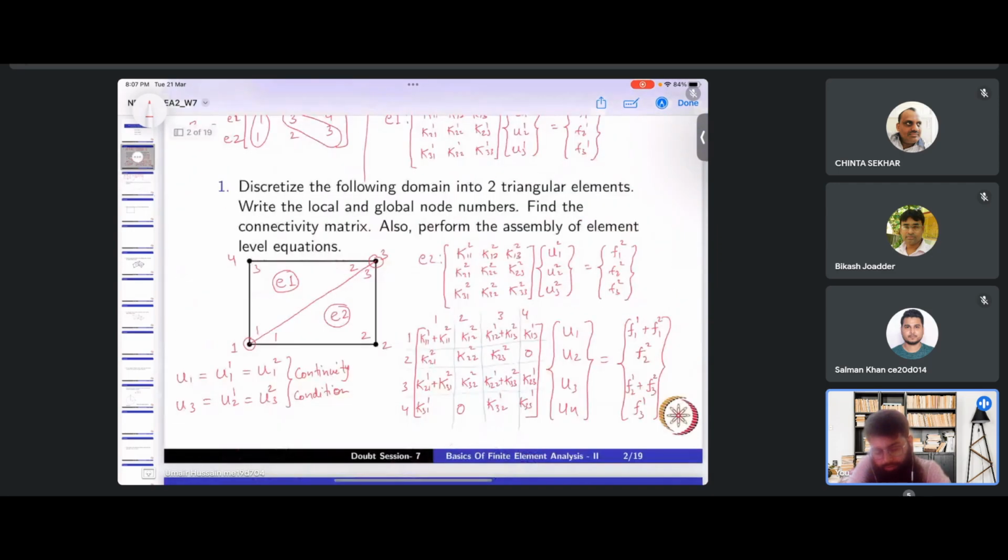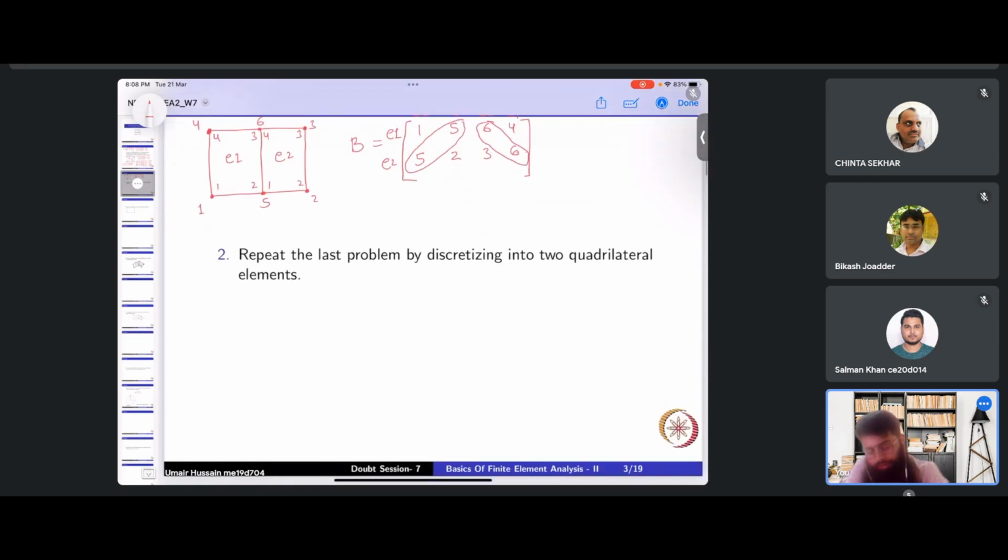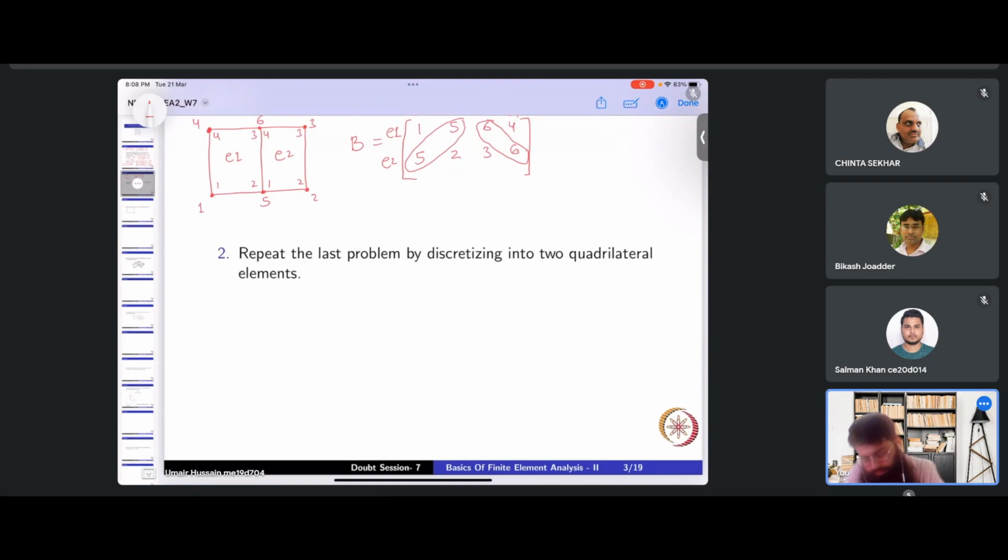Now again, for the element level equations we'll assume some variables, and we'll have four equations for each element, so a total of 8 element level equations. Now after assembly, what should be the size of the stiffness matrix K?